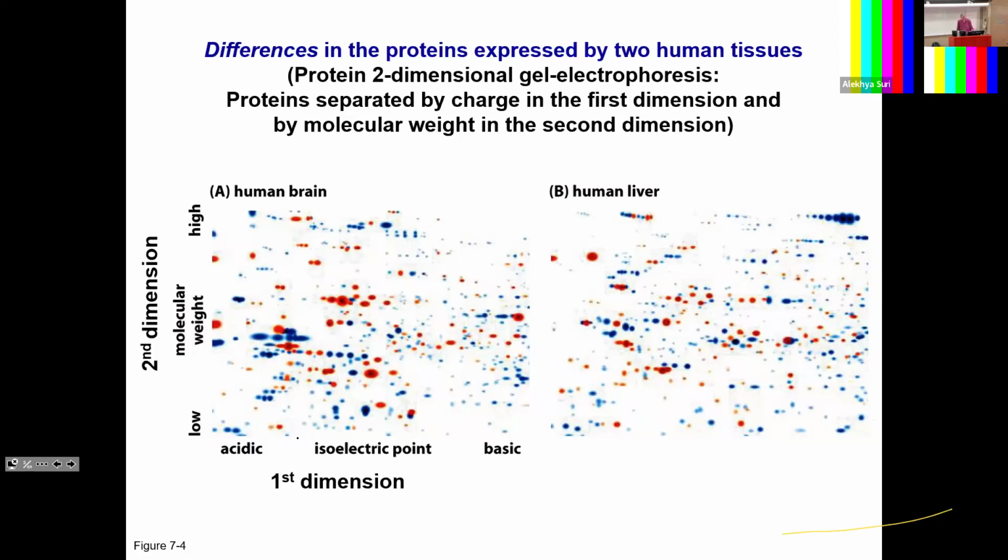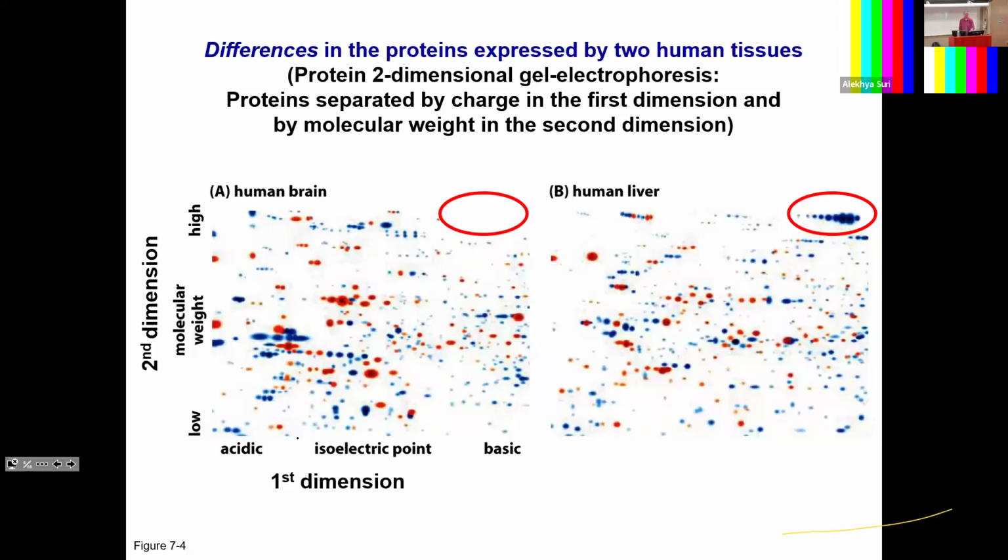When we look here, we have two gels. On the left side, human brain tissue. On the right side, human liver tissue, or proteins extracted from these tissues. I just want to emphasize these proteins on the left top side. You can see them highly expressed in the human liver, but they are completely missing in the brain tissue.